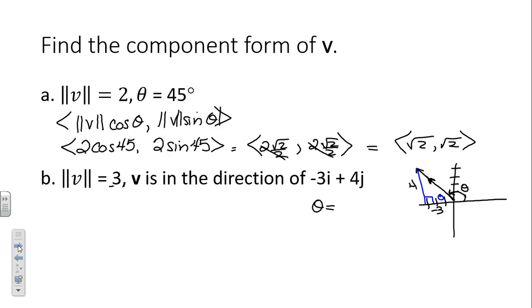Okay? Well, we know what the cosine of this guy is, don't we? The cosine would be the adjacent over the hypotenuse, right? So 3 over 5, the cosine of this theta. Let's call this theta prime.